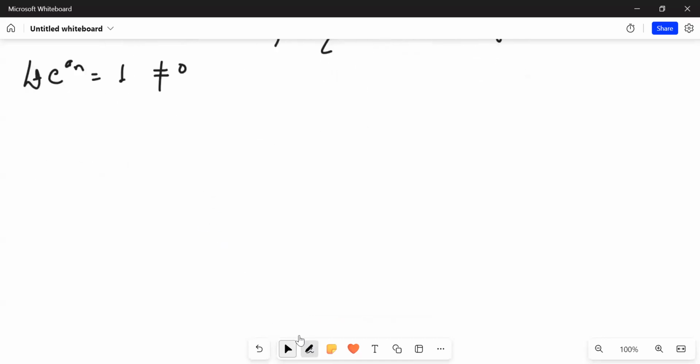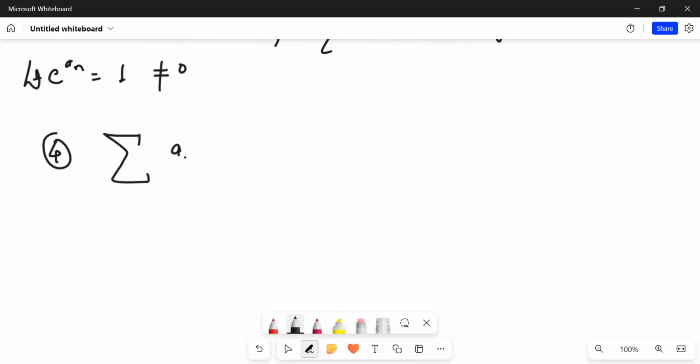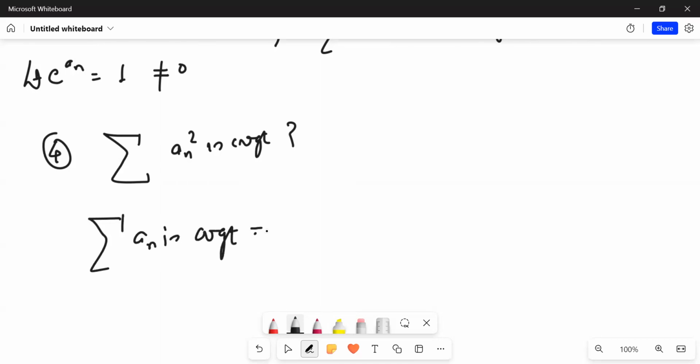Now let us move to the fourth example. What can be said about summation an square? Is it convergent or divergent? Clearly it is convergent. Why? Because I already know that summation an is convergent. If summation an is convergent, it implies that limit an must be equal to 0.